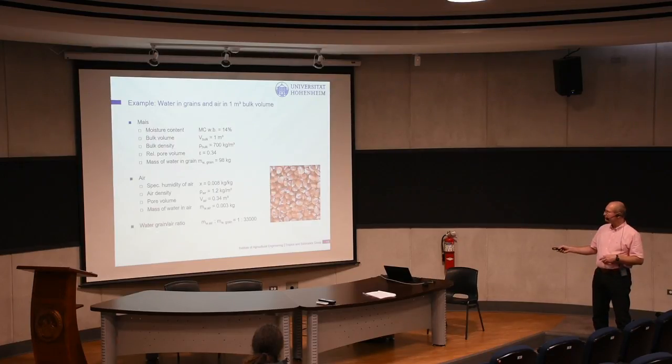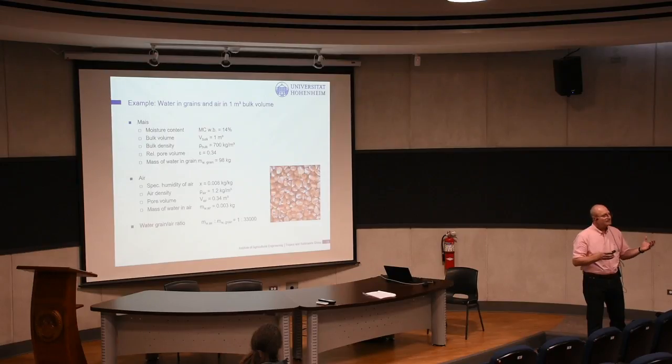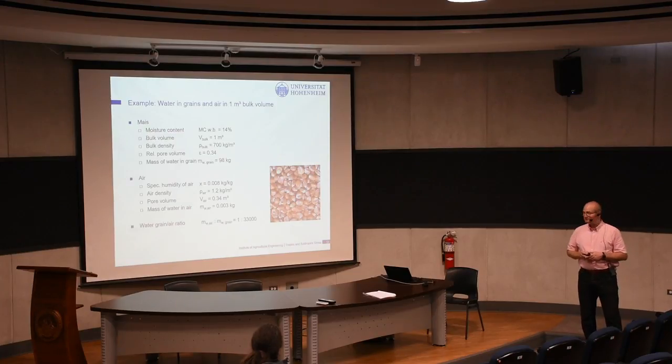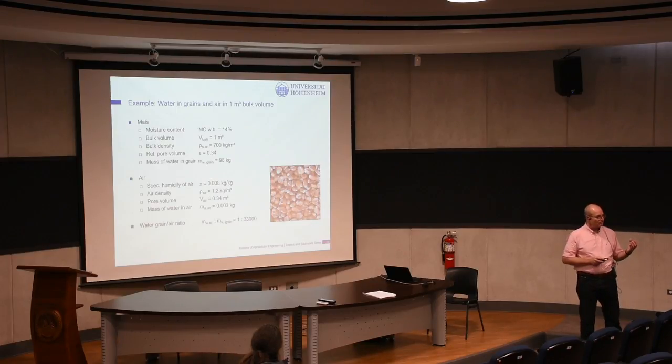And if you now make the ratio, air to grain, it's 1 to 33,000. There is so much more water in the grain than in the air that you don't feel it in the moisture content of the grain. This small amount which is necessary to raise the relative humidity in the air is so tiny that you cannot measure it. But the moisture content of the air is so decisive for microbial growth. A little bit more water in the air, and then they can grow.